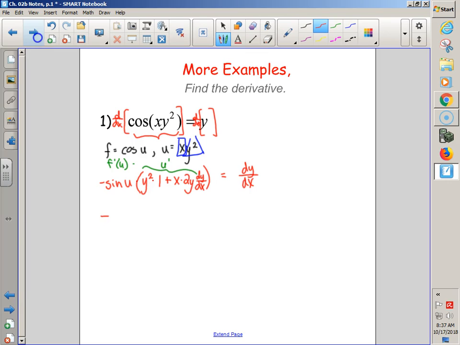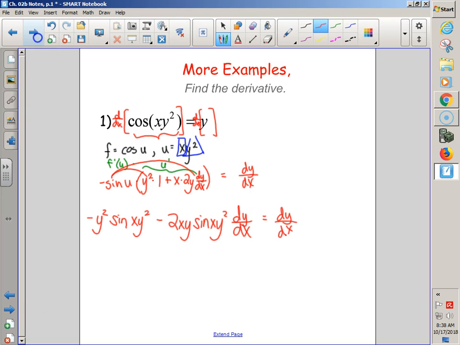Why am I going to do this? First of all, who's u? Okay, so you get that plugged in. Why am I writing a y squared in front of that? I'm distributing. And why am I distributing? There's no other legal way to go about getting dy/dx alone if you don't undo the multiplication.